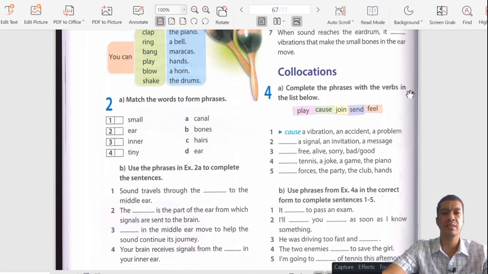Complete the phrases with the verbs in the list below. Right, we have 1, 2, 3, 4, 5 phrases with these 5 verbs that we can use. An example is given for number 1. Okay, so our example for number 1, cause a vibration, an accident, and a problem.